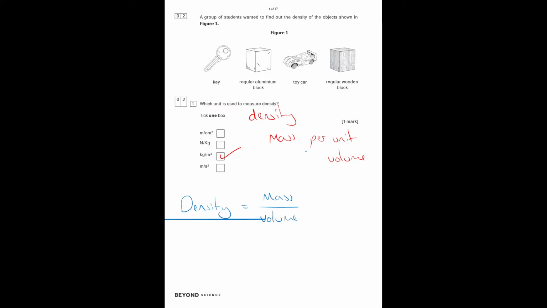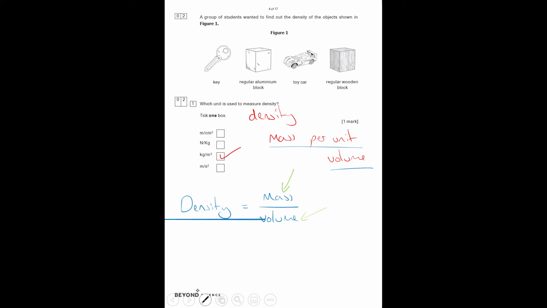In fact, you might notice that was kind of hidden in our definition there, mass per unit volume. Therefore, if I want to work out the density of these objects at the top, I am going to need to find the mass and also the volume.